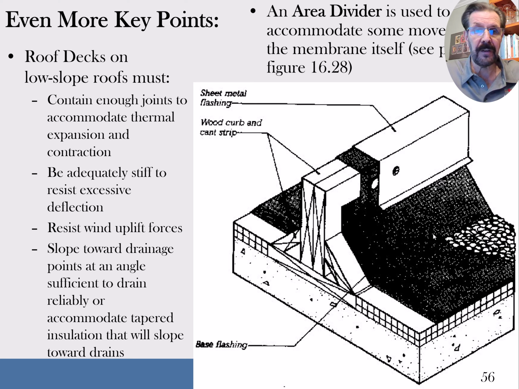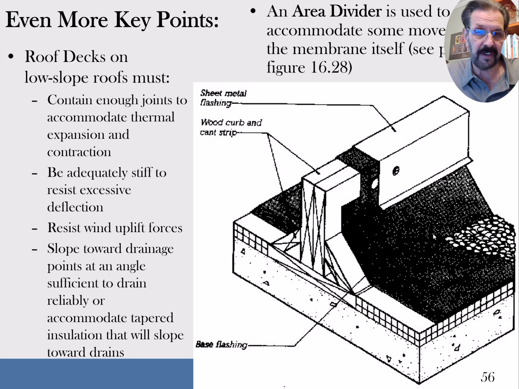If you get a big enough roof area, normally we divide up the roof by firewalls. And if that works out to be enough to divide up the roof, then you're not going to have stress cracks in the roofing material from changes in temperature. But if needed, you might have to vent, but also divide up the roof into smaller sections to keep cracks from happening in the middle of that roofing material from changes in dimensions.